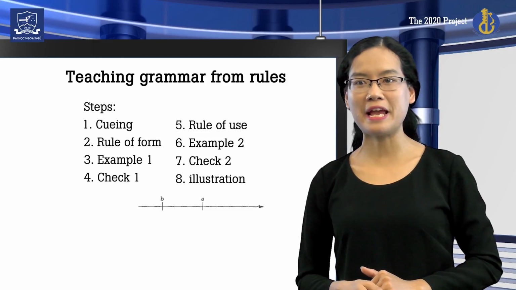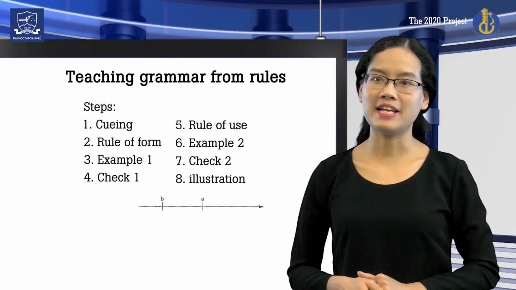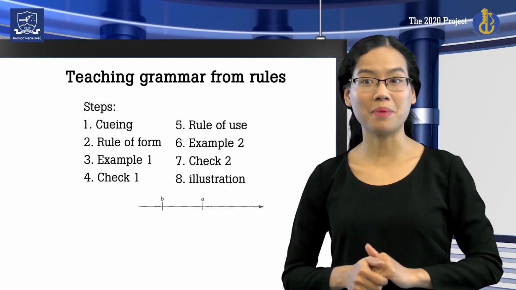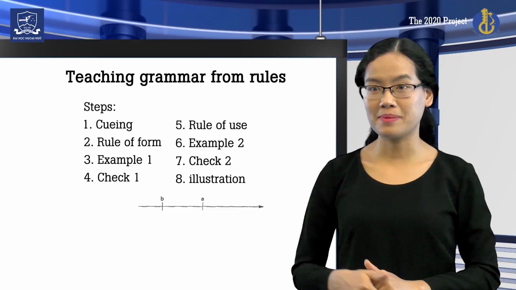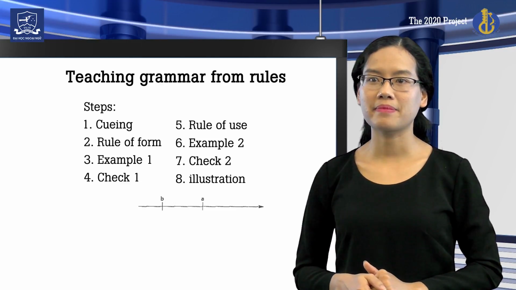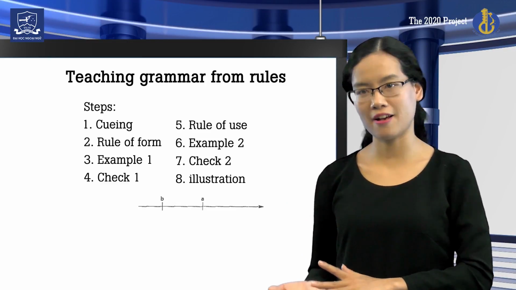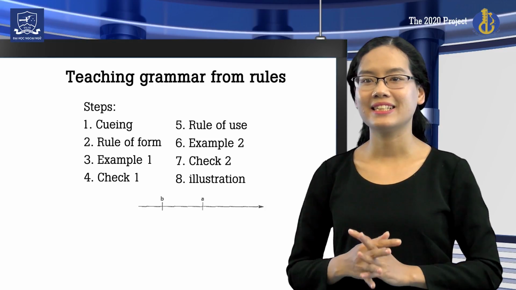Teachers give the name of the grammar point. Teacher can say, "Alright, today we are going to learn about the past perfect." Then, the teacher gives the form, the rule of form. Teacher can say, "The past perfect is formed from the auxiliary have plus the past participle." Then, examples.